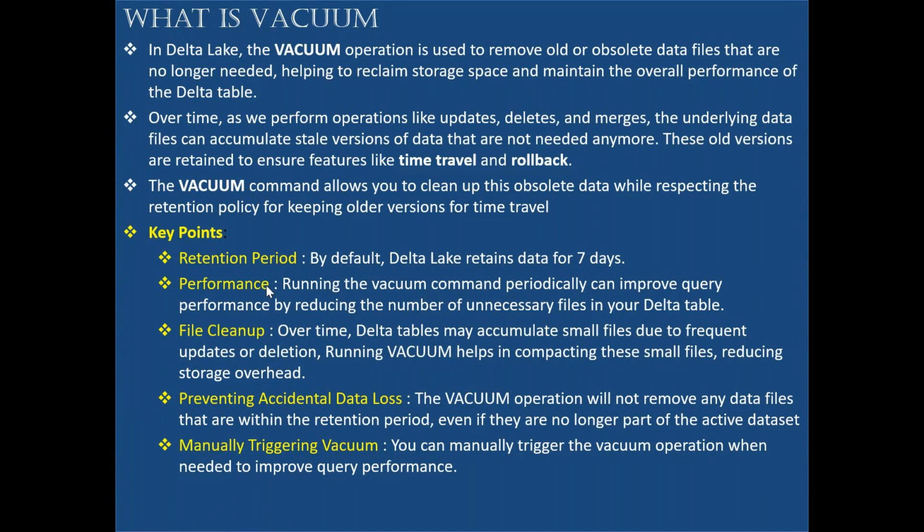But on top of it, if you run a vacuum, it will clean up those small files, then the storage will be very clean. Preventing accidental data loss: the vacuum operation will not remove any data files that are within the retention period. What is the retention period? 7 days. The files which are less than 7 days will not be deleted, but files older than 7 days will be deleted automatically.